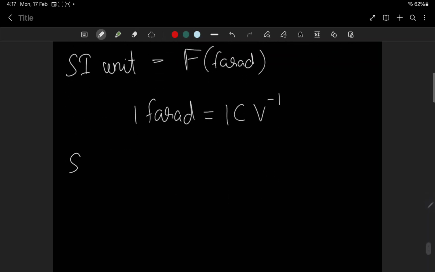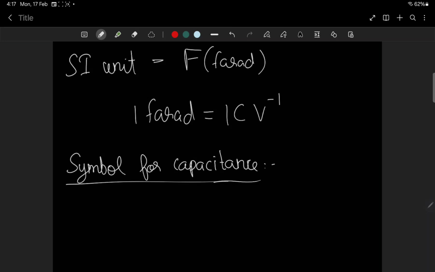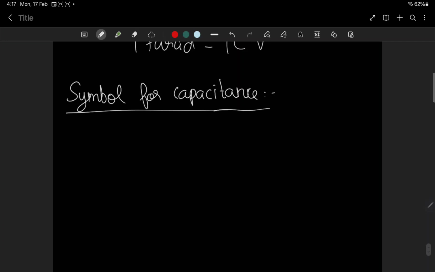Now the symbol for capacitance. This is the symbol for a capacitor with fixed capacitance.